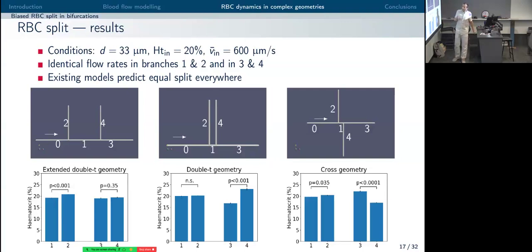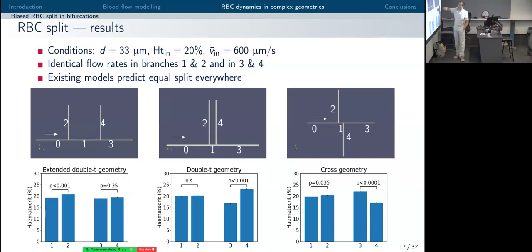That was good. For the second case, you can see that branch 4, the one that goes up in the second bifurcation, has a significantly higher hematocrit, and branch 3, the one that is going straight through, has a lower one. And that is certainly caused by the small distance between the two bifurcations.